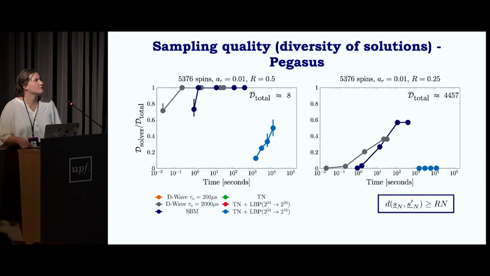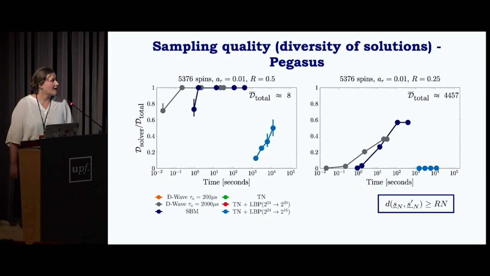So here we focus only on the Pegasus instances, the largest Pegasus instances with more than 5,000 spins, and we set approximation ratio to 0.01, and we tested 2 distance thresholds. Large distance threshold r equal 1/2, and smaller distance threshold r equal 1/4.